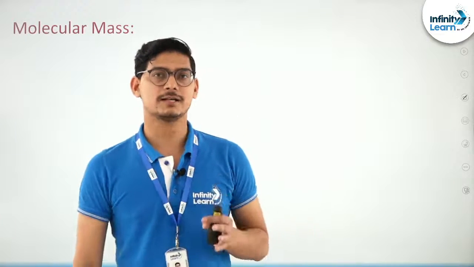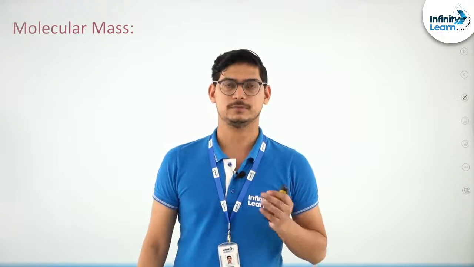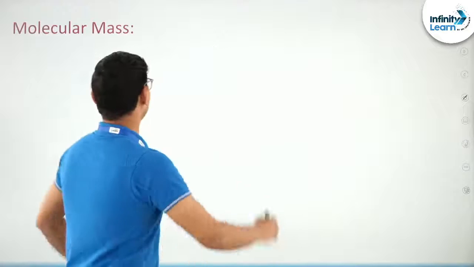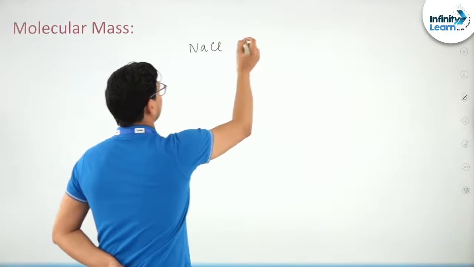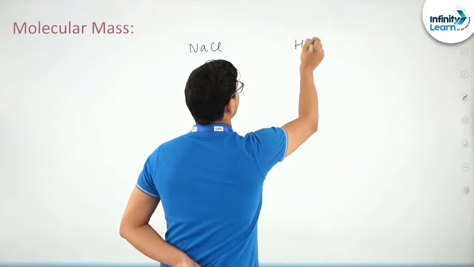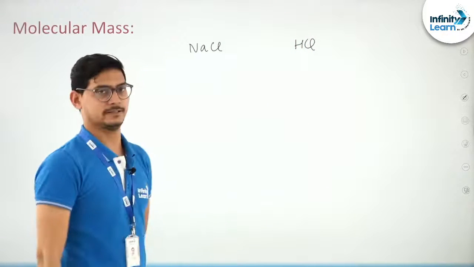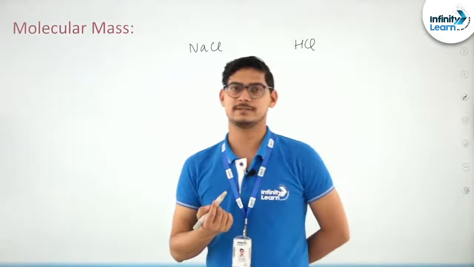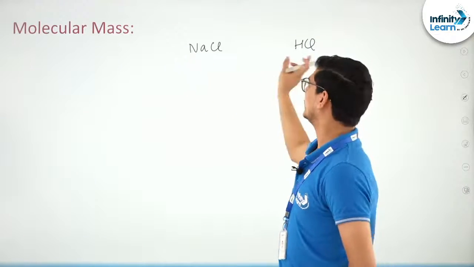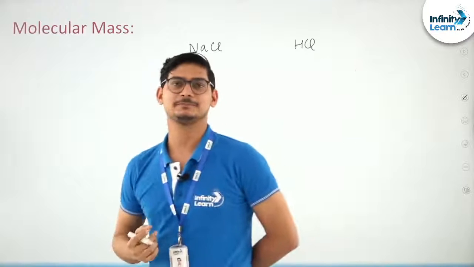As the name indicates, molecular mass is the mass of a molecule. Alright. Now before I start, let's understand this. NaCl and HCl. Can you tell me a similarity between these two substances? Apart from both of these containing chlorine atoms, that's very evident.